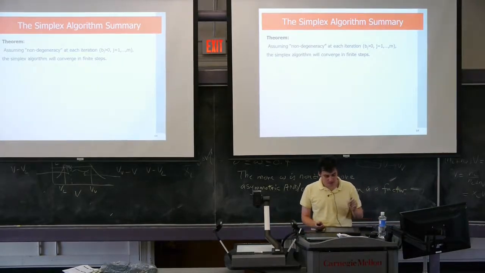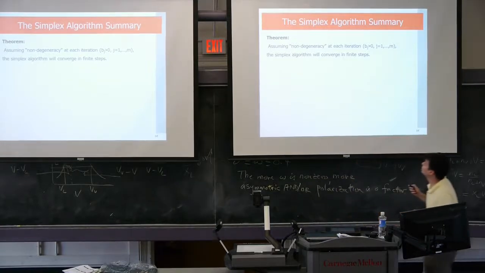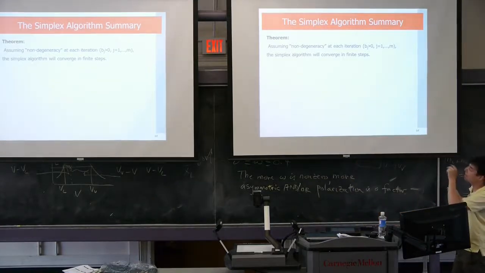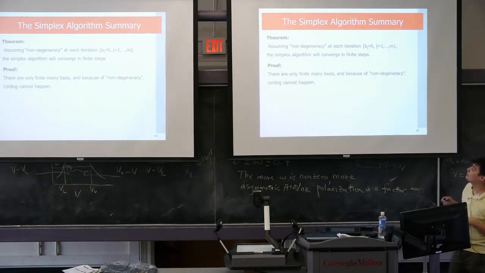Another theorem: if you assume non-degeneracy at each iteration, so these B values are always positive, then the simplex algorithm will converge in finite steps. The reason is that in each step you improve the basis, and there are only finitely many bases.